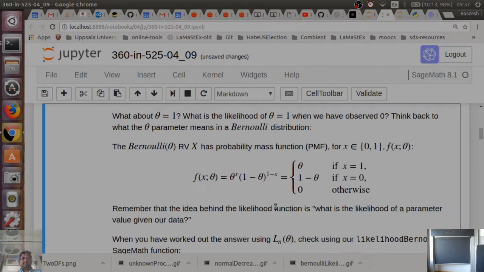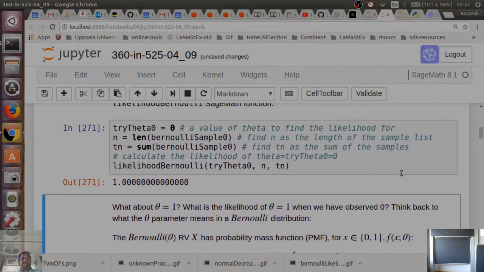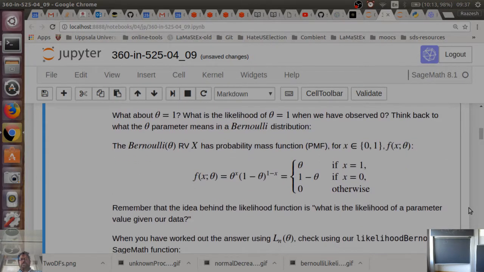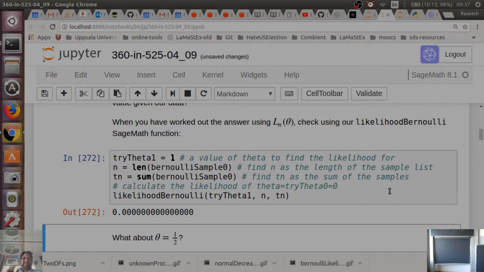That's what I've done here. And I'm looking at what the likelihood is for this when you just have one sample, just to get us going. And then if my theta is actually 1, what is the likelihood again?